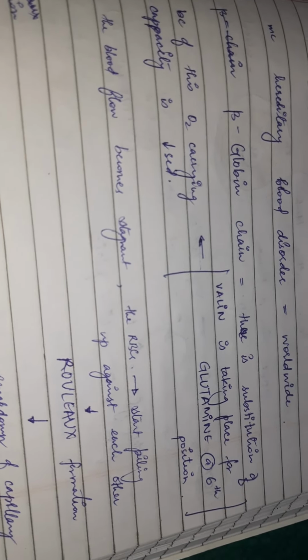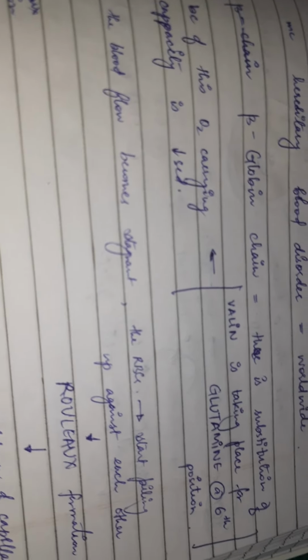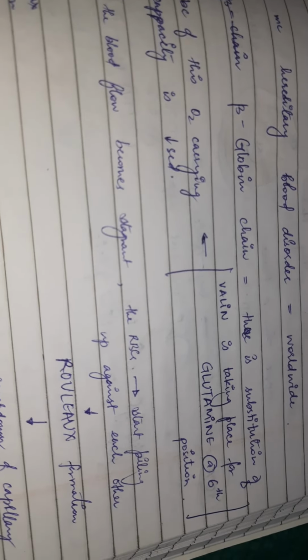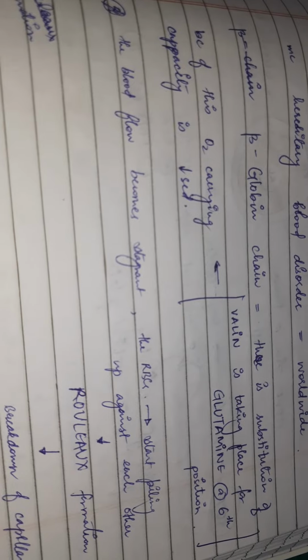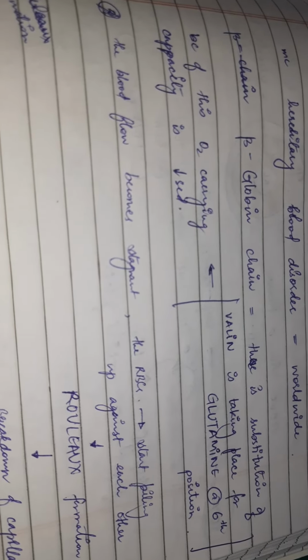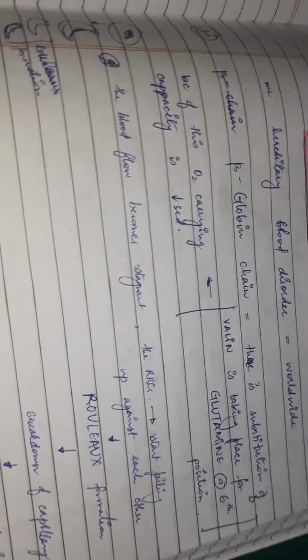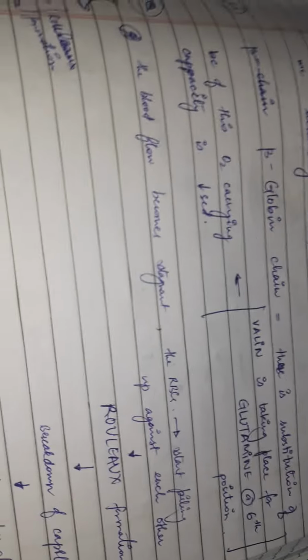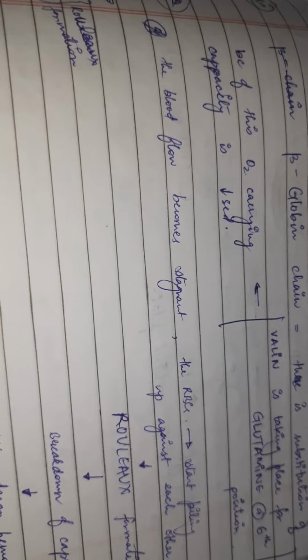So valine appears to be the villain, and glutamine is the poor one. I don't know if these two are girls or boys, just take it as you wish. If you're a boy, take it as a boy. If you're a girl, take it as a female.